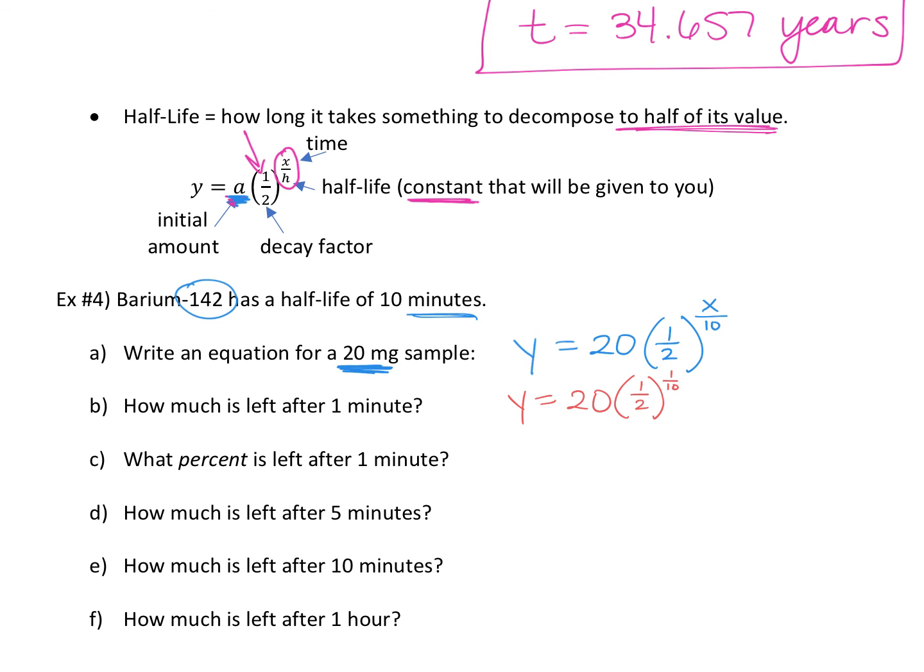So plug that into your calculator. You may do, if you like better, 0.5 instead of 1/2. It's the same thing, right? 1/2, 0.5, same thing. So 20 times 0.5 to the 1 divided by 10 power, enter. Okay, you get how much is left after 1 minute.